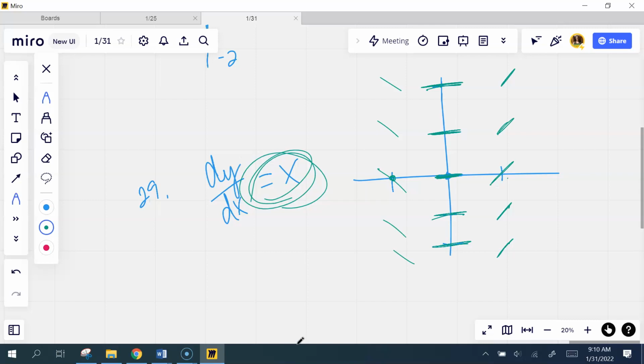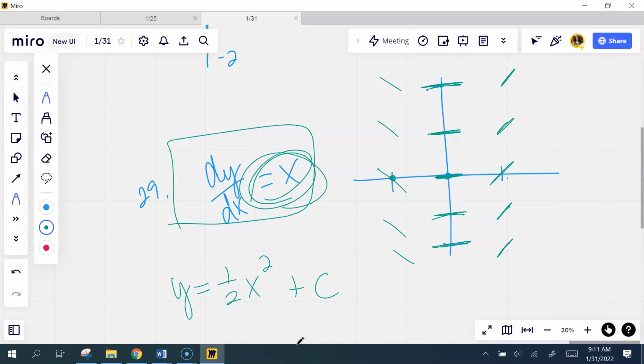Okay, so let me ask you this. If that's the slope of the tangent line of the curve, can you see what the curve itself might actually look like? Well, what's the antiderivative of x? If I solved this differential equation, y would equal what? 1/2 x squared, plus C. What's the C doing?